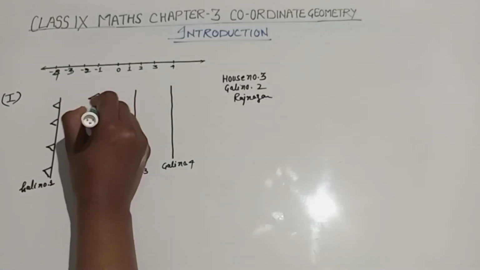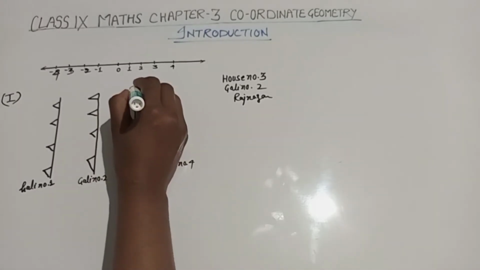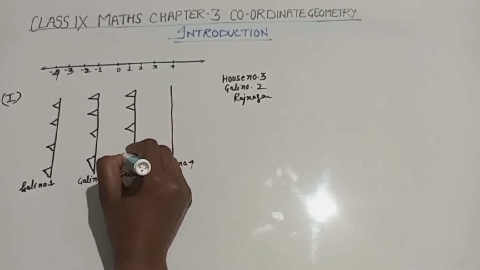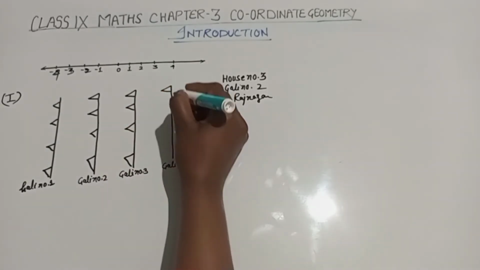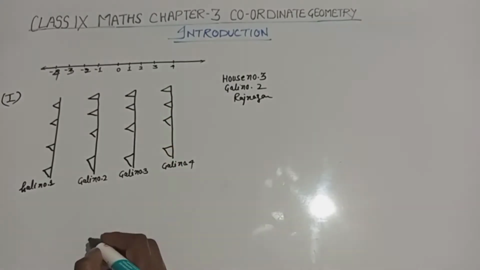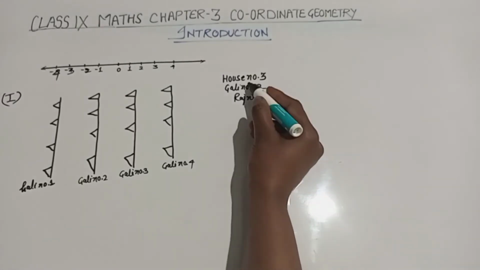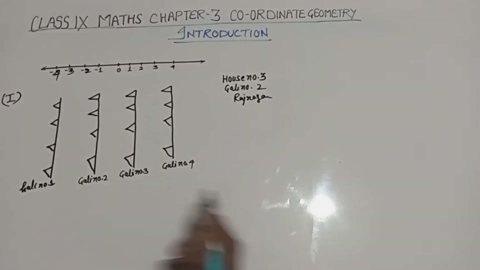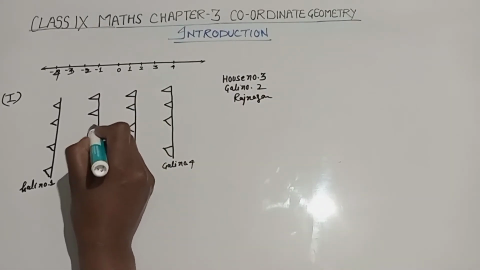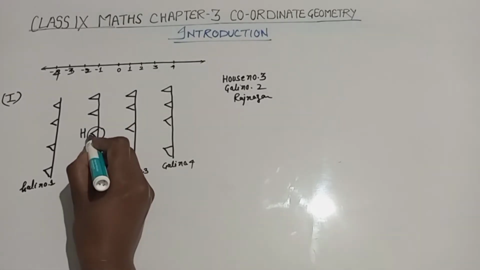So where is Rohit's house? House number 3 and gully number 2. This is gully number 2 and house number 3. It means this is the house of Rohit.